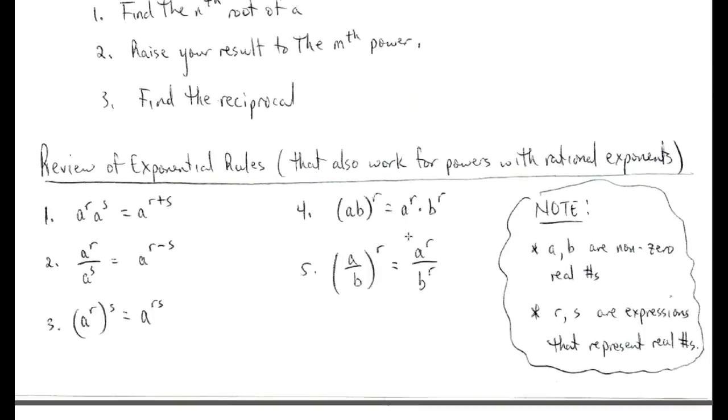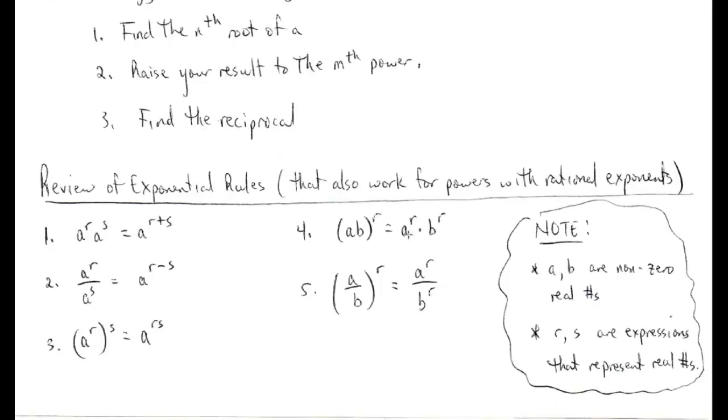All right, and so this last part here is just a reminder of most of the exponential rules that we need to remember here. And of course, one that I don't have here that I need to have, I mentioned it earlier, is this one, okay?